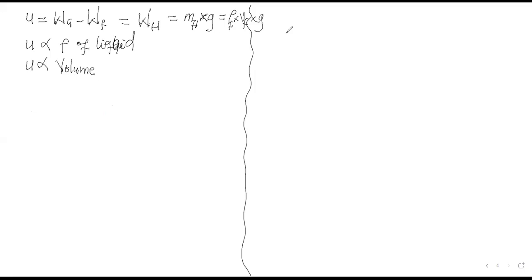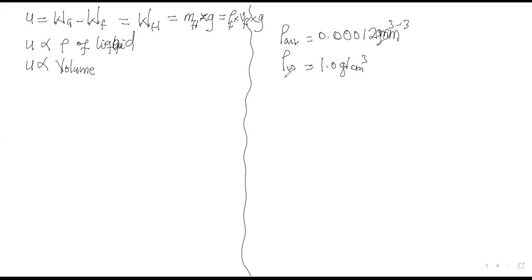The density of air is about 0.00012 gram per cm cube, and the density of water is 1.0 gram per cm cube.